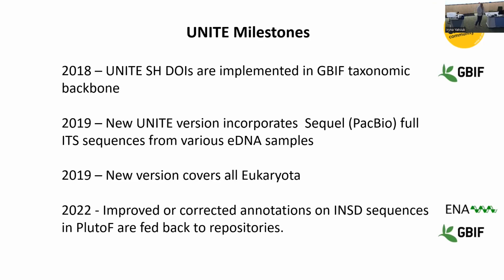And then they realized that the Unite system, where we have DOIs for every species connected to a taxonomic backbone, is very similar to GBIF, because partly PlutoF is using the GBIF taxonomic backbone, or better to say the Catalogue of Life. So they implemented Unite DOIs into the GBIF taxonomic backbone. So every DOI went to their place. And this was a big change, I would say, for eDNA data submission to public data portals.